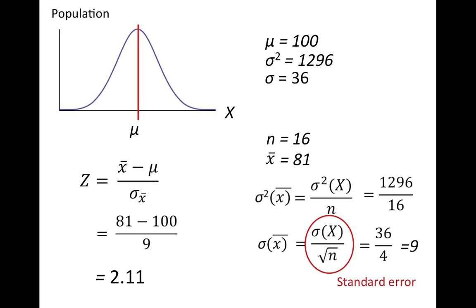This equals 2.11. And since this value, 2.11, is higher than our critical value of 1.96, we draw the same conclusion as before. It is not likely that this sample comes from this population.